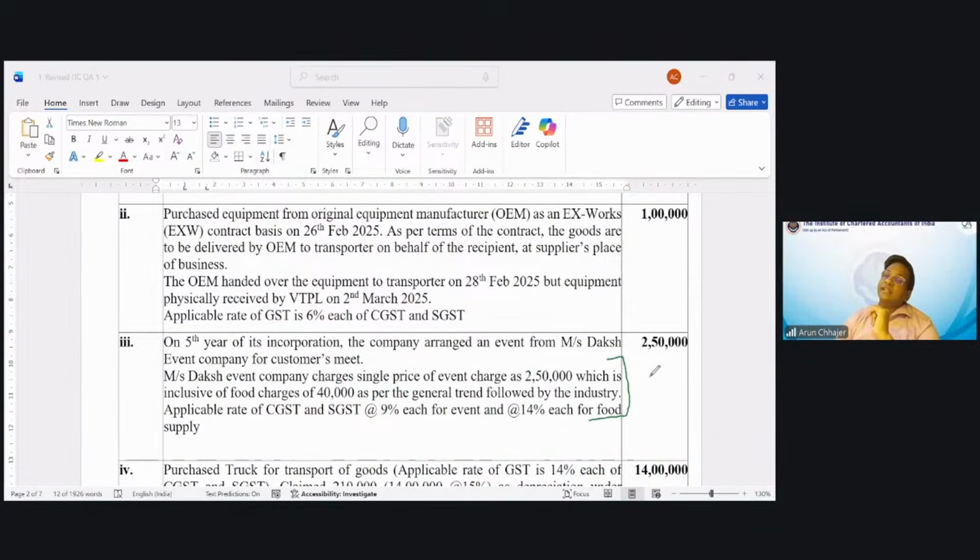Will your answer still be a composite supply, or will your answer change and now you will say it is a mixed supply because the price is single? Just give me the answer, because I'm just highlighting the point where you can make the mistake.